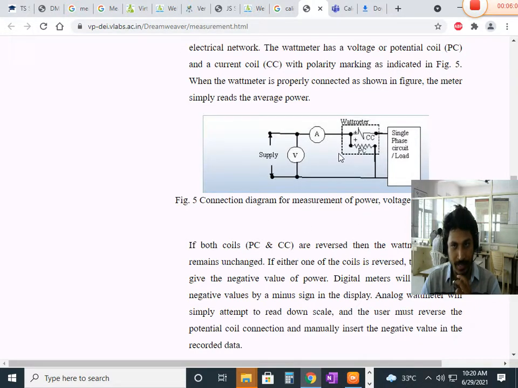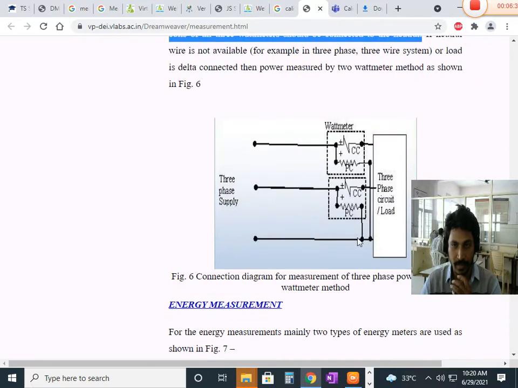For three phase supply, there is the R phase current coil, Y phase current coil, and B phase current coil: three phases, three current coils. Positive is given to the supply and the negative is given to the load. All the pressure coils' positives are connected to the supply and the negatives are connected to a common neutral, just like this.